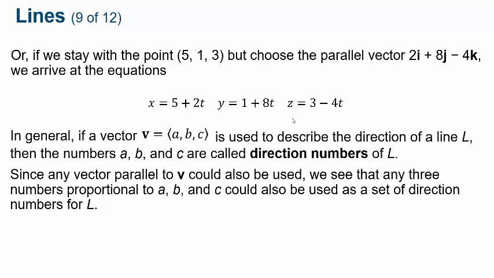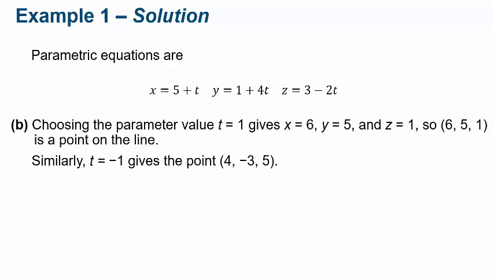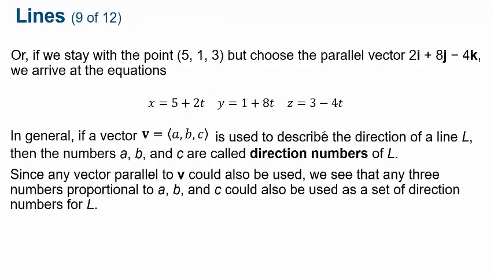In general, a vector v is used to describe the direction of the line, and the numbers a, b, and c are called the direction numbers of L. Since any vector parallel to v can be used, any three numbers proportional to a, b, and c can be used to describe the set of directions for the line. If you look at what's happening here, 1, 4, -2 and 2, 8, -4, we just doubled the values. That's really all that happens, and that doesn't matter.